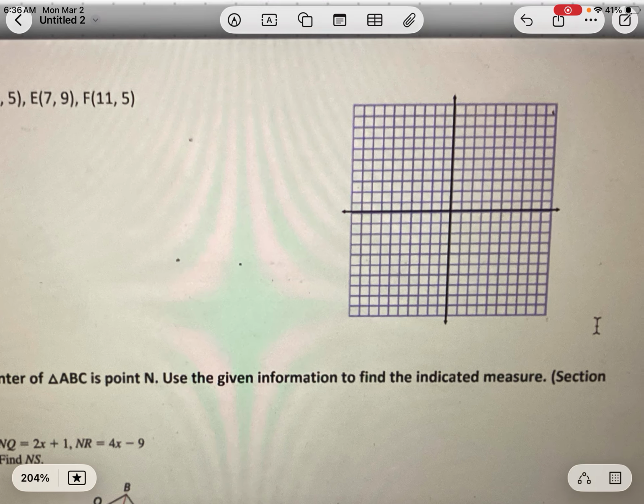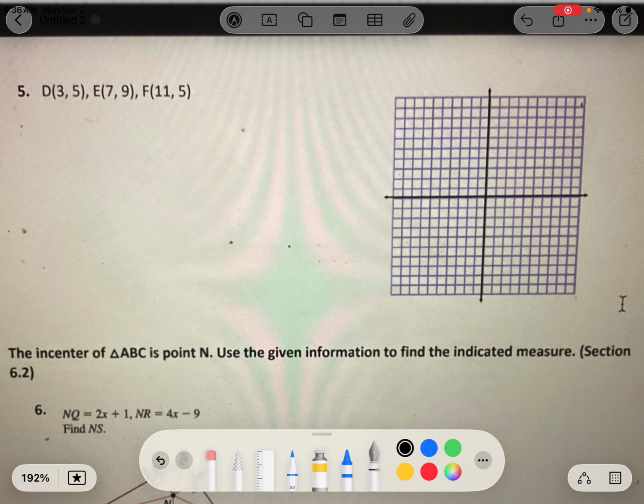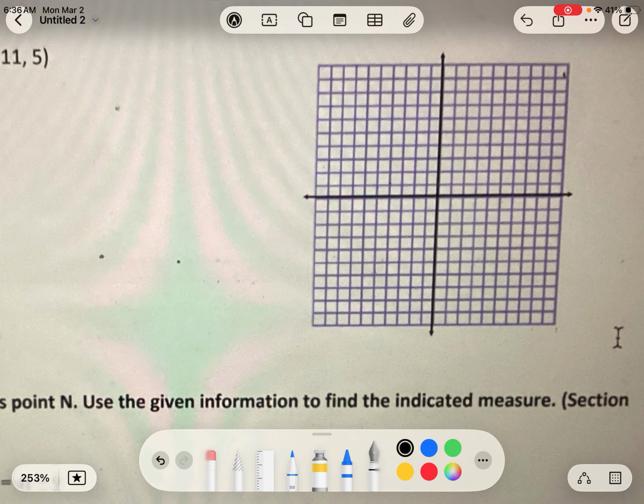Okay, 5, I'm going to do the same thing. 1, 2, 3, up 1, 2, 3, 4, 5, make a dot.